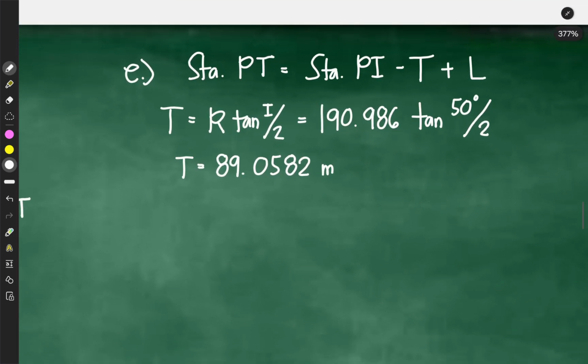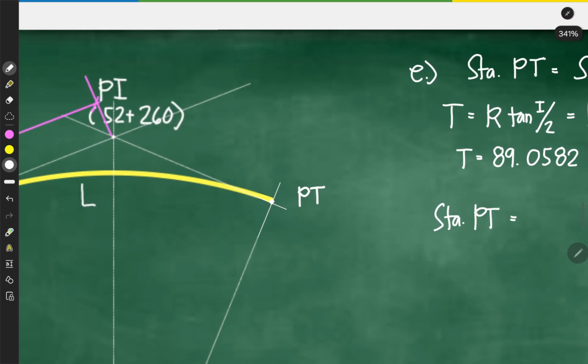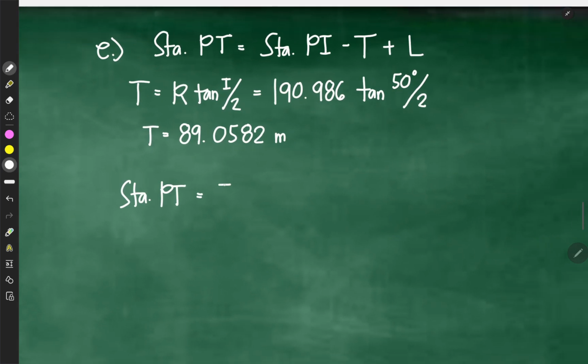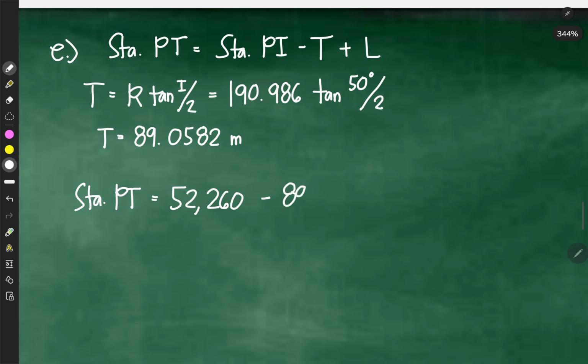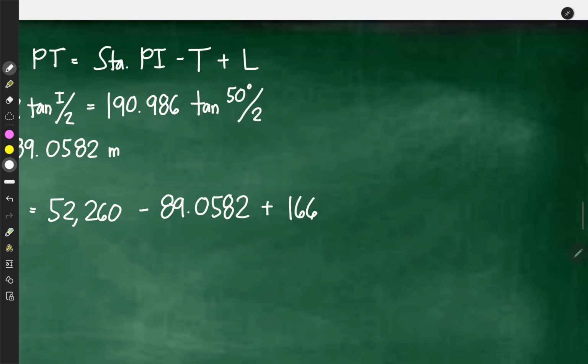Let's solve now for the stationing of PT. The stationing of PT is equivalent to stationing of PI, 52,260, minus the tangent distance, 89.0582 meters, plus our L from earlier, 166.6667.